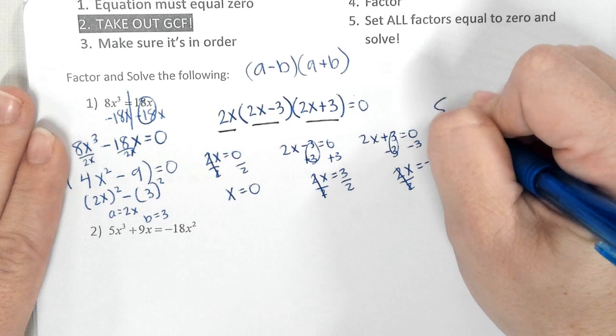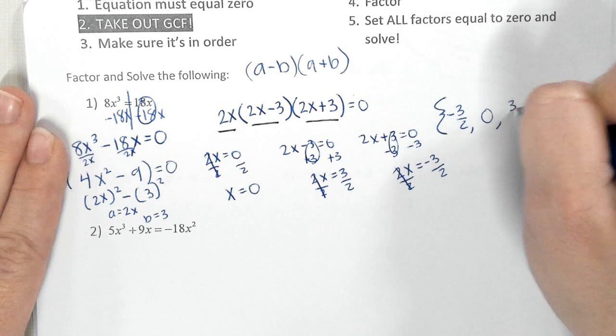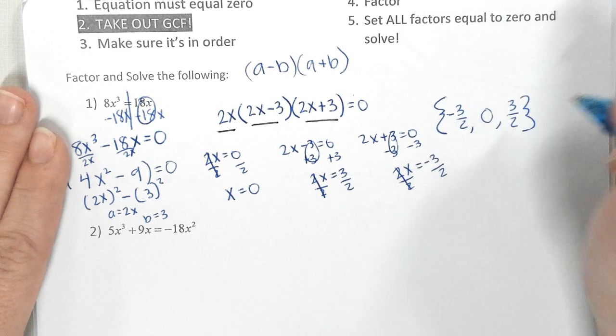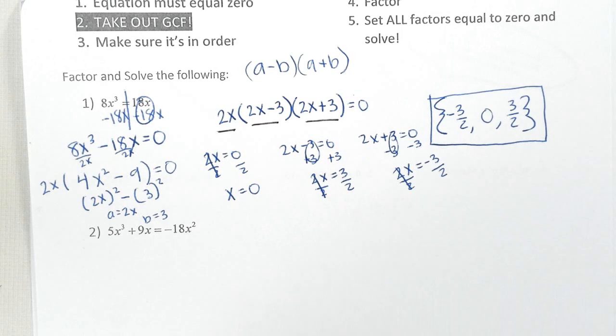So -3/2, 0, 3/2. Because remember, we try to write them in least to greatest form. So it's really not different from what it was before.